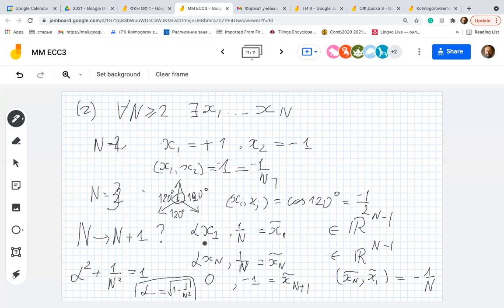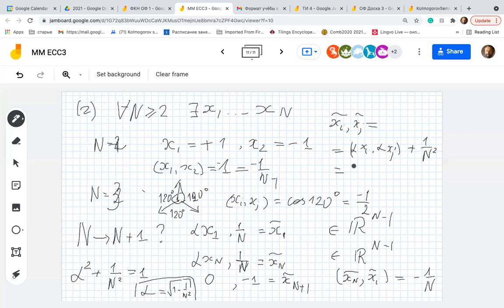Now we need to verify the same for the product of tilde xi and tilde xj for i and j at most n. This is also easy to verify, because it is the same as multiplying alpha xi by alpha xj and adding the product of the new coordinates, that is 1 over n squared.